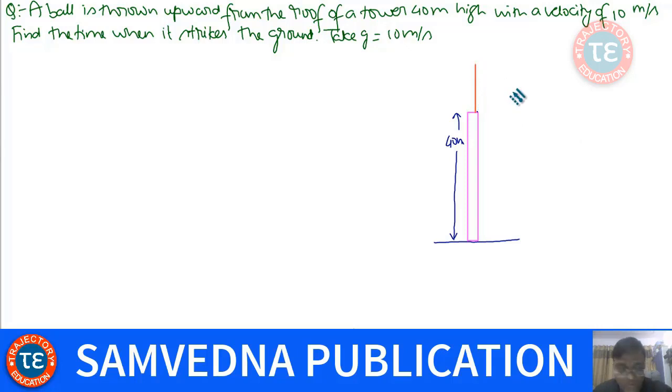So as the ball moves in upward direction, since it is experiencing gravitational force in downward direction, it will get decelerated.